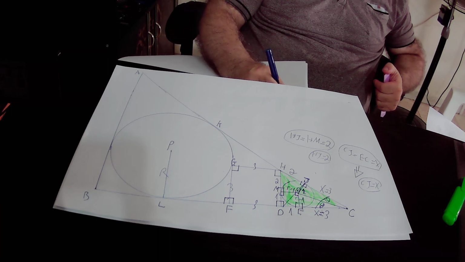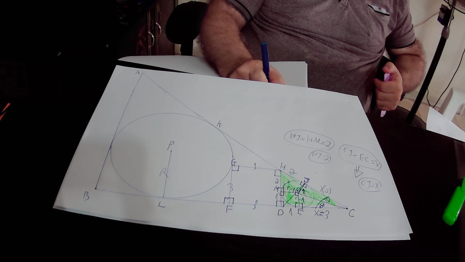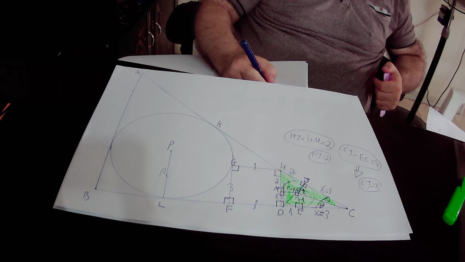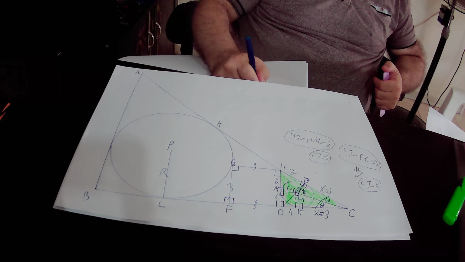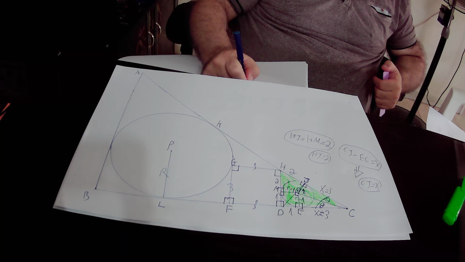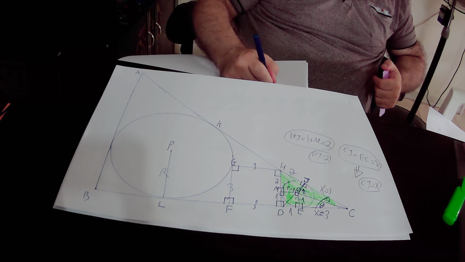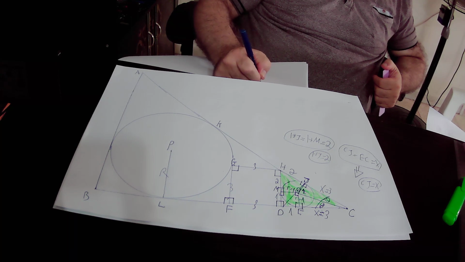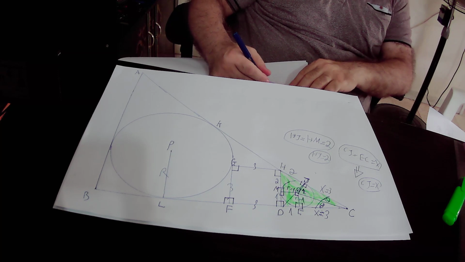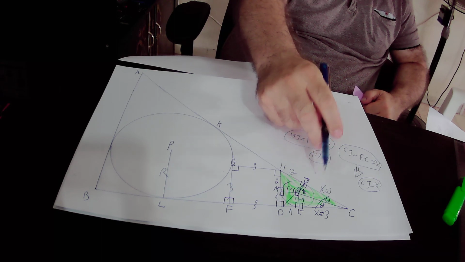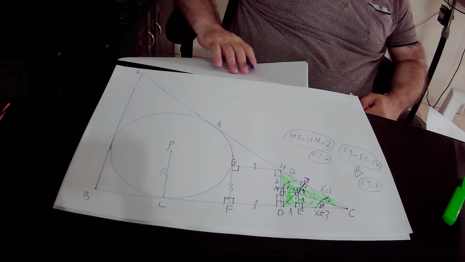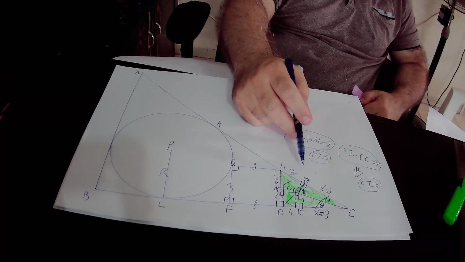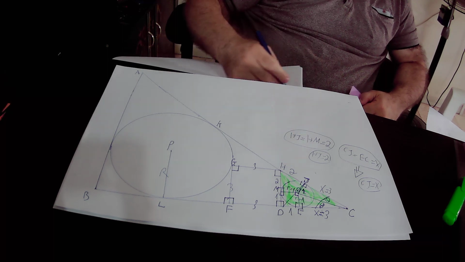Line segment OC is an angle bisector of angle C. Actually, it divides angle C into two halves, each half equals to theta, and it is the angle bisector of angle C in triangle JDC, triangle JDC.